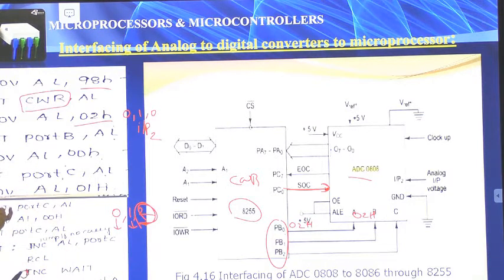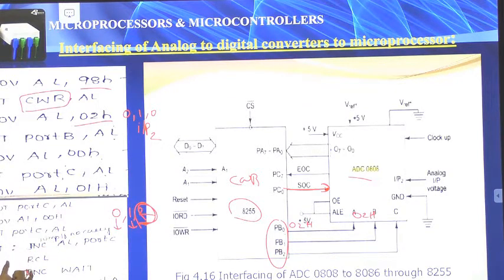Then out port C, AL, that means the output goes to port C. If there is no carry, that means up to 02 it will be over. If there is no carry, port C sends the information to the AL.